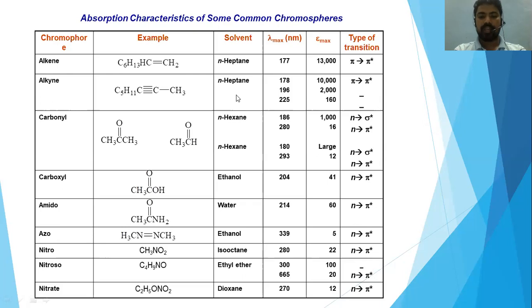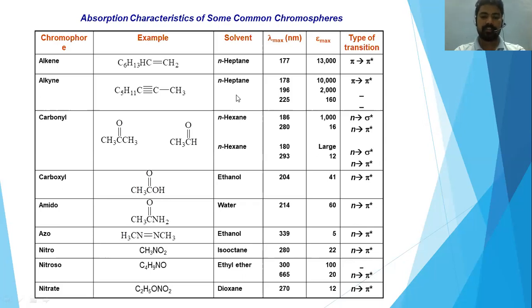We can also see one more transition, pertaining to the n to pi star electron transition, at an absorption maximum equal to 293 nanometers with a very little absorption intensity value. So this is the difference we can clearly see in the bands appearing for ketones and aldehydes in ultraviolet visible spectroscopy.